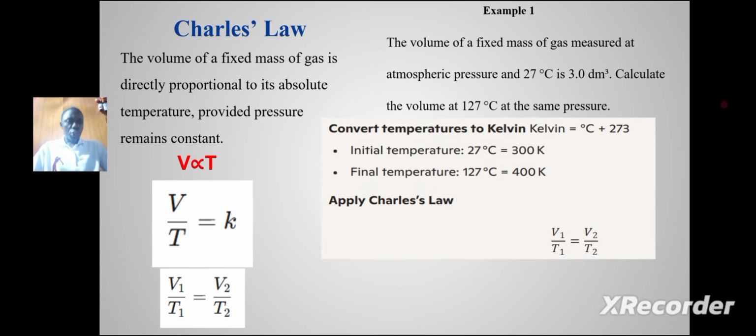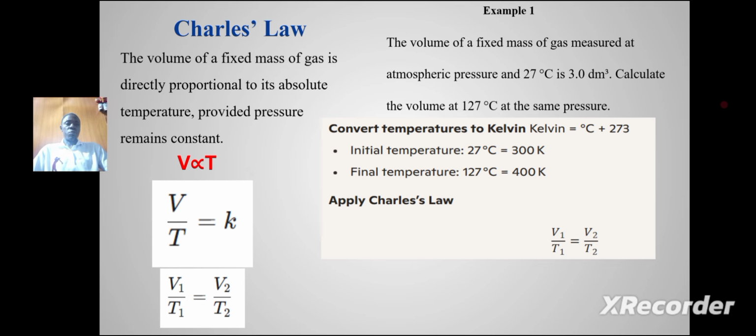So first, the temperature was given to us in degrees Celsius, so we need to convert it to Kelvin. Remember, when the temperature is given to you in degrees Celsius, you add 273 to it to get the equivalent Kelvin temperature.